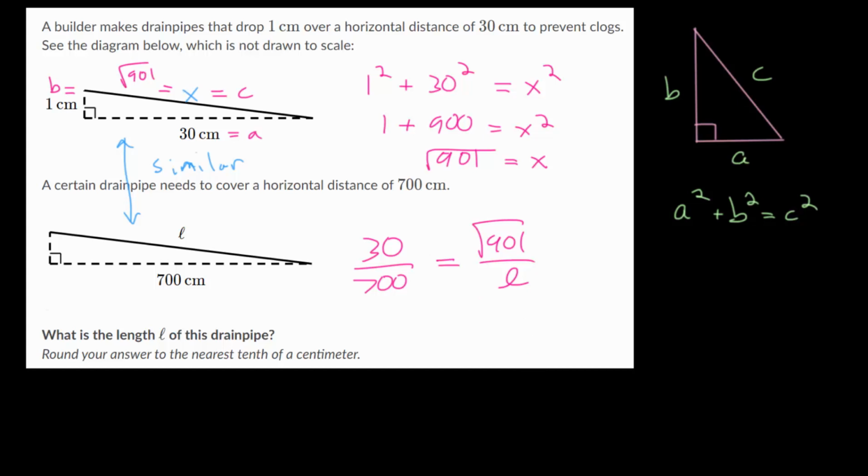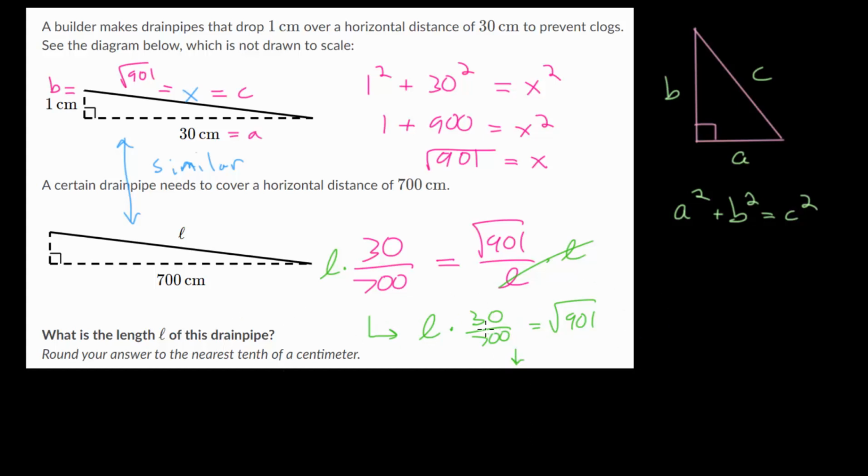So let's multiply each side of the equation by L so that it gets out of the denominator. And let's just rewrite it. We have L multiplied by 30 over 700, and this is equal to the square root of 901. And now we just need to multiply each side by 700 and divide by 30.